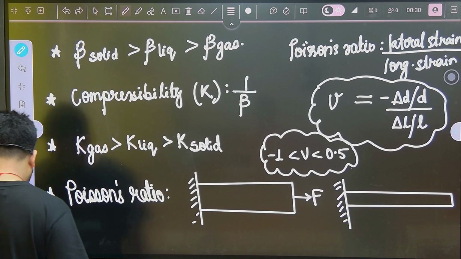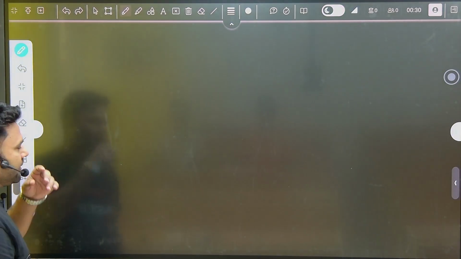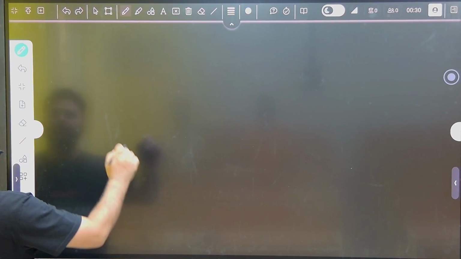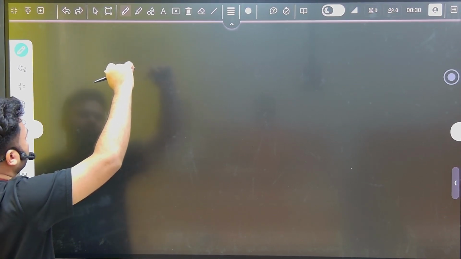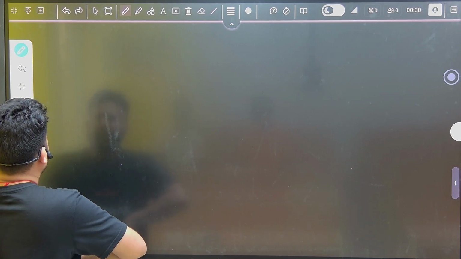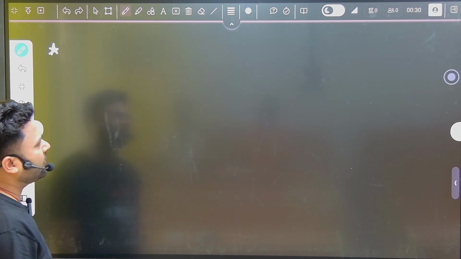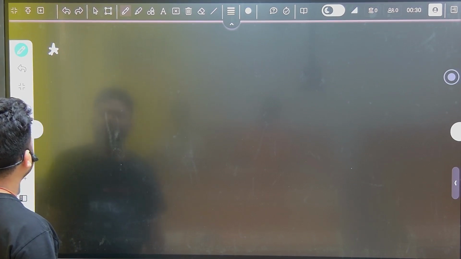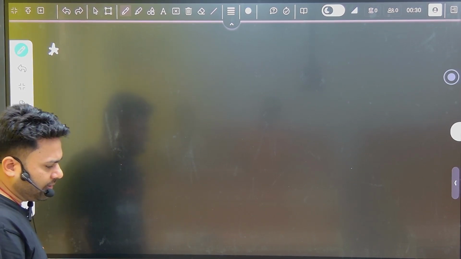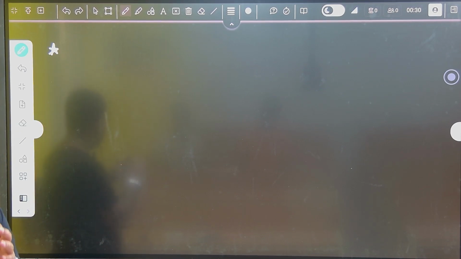Next we have this. Suppose there is a body.